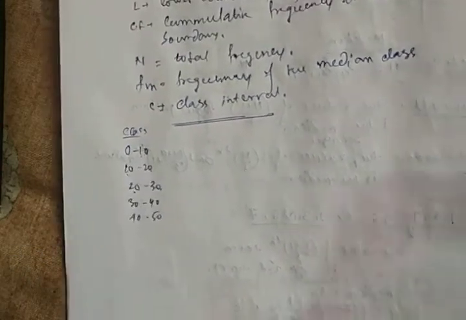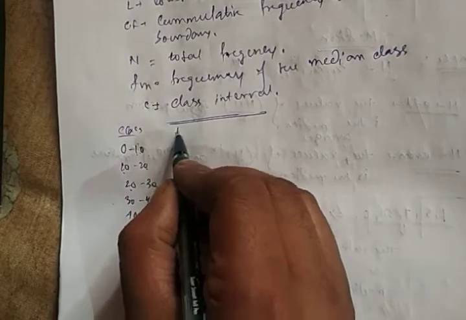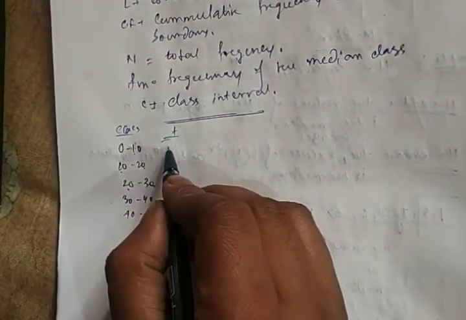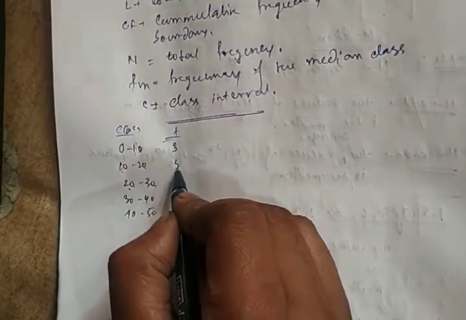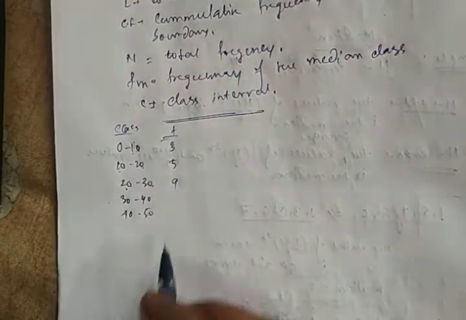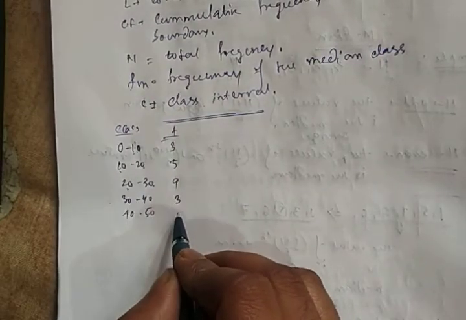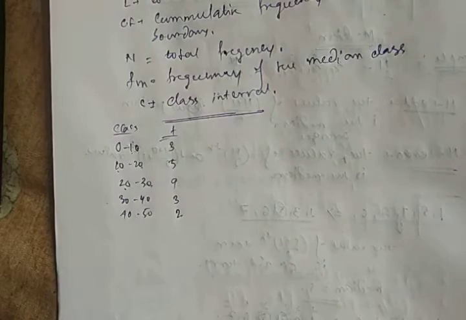The frequencies are given, let's say 3, 5, 9, 3 and 2.